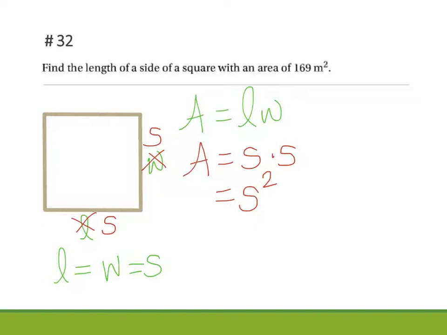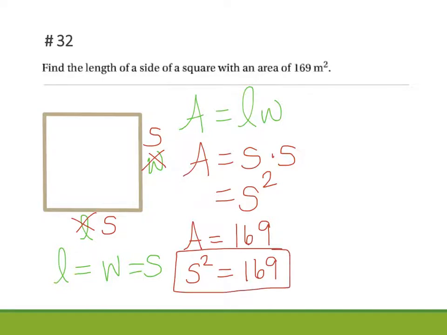This allows us to set up an equation that is similar to the ones from your lesson. Find the length of the side of a square with an area of 169. If the area of the square is equal to 169, that means that the side length squared is equal to 169. Notice that this is like the problems that we solved in class.